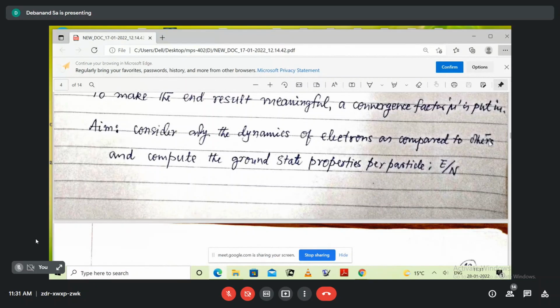And to do this, we have to use the mass of the ion as very large as compared to electrons, and the dynamics of ions is very slow as compared to electrons. So I have to treat the ionic degrees of freedom purely classically. Okay, that's what we are going to do.